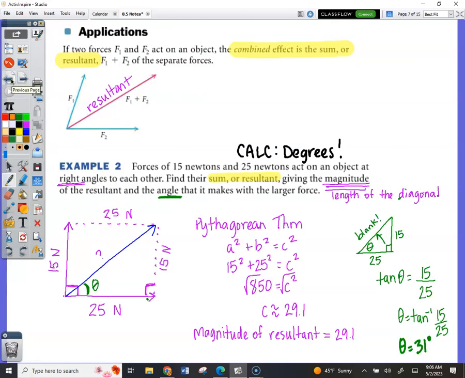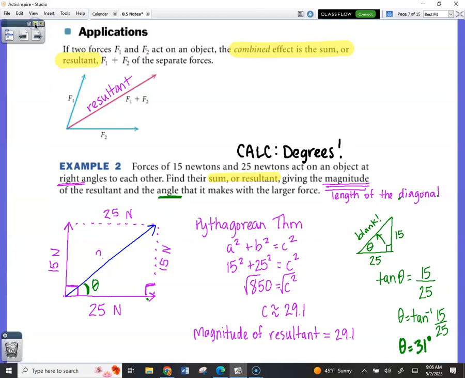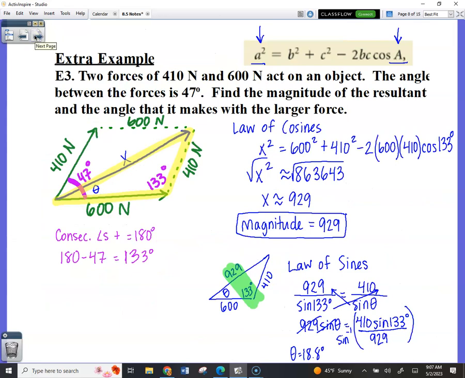The difference is this was a right triangle, which involved geometry concepts, Pythagorean theorem, basic trig. This was not a right triangle, which involves law of sines, law of cosines. So that's the difference between the two. Well, law of sines and law of cosines formula again. Yeah, absolutely.